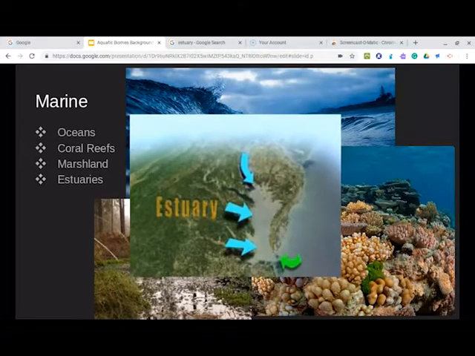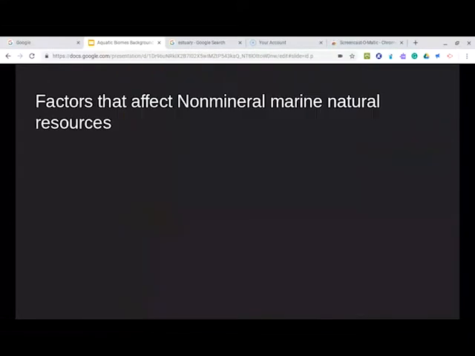Algae in our marine biome supplies a huge portion of the Earth's oxygen while also being a sink for carbon dioxide. And when we say a sink for carbon dioxide, that just means that the algae actually takes in carbon dioxide from the atmosphere, pulls that carbon out of the carbon cycle, and when that algae dies, it takes that carbon down with it to the bottom of the ocean, taking it effectively out of the carbon cycle.